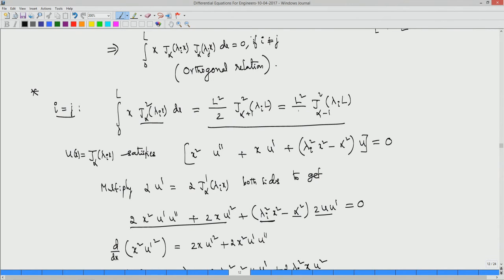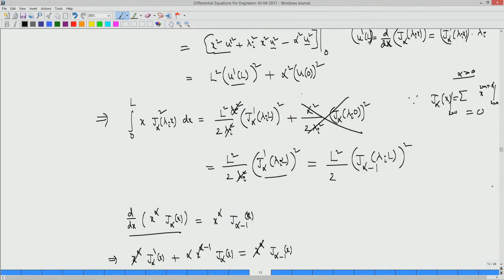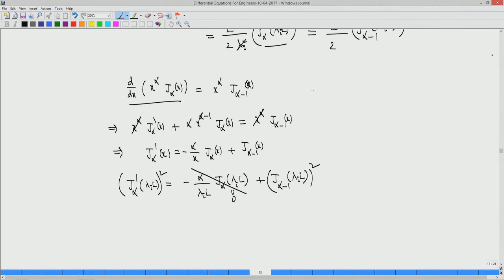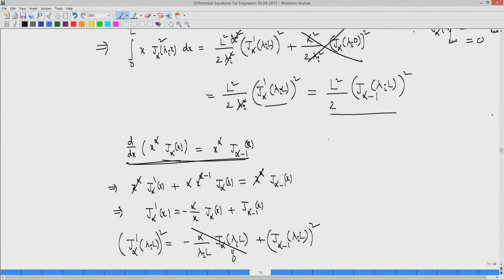Similarly, if you use the other recurrence relation, the other property, if I use this property, you get this result. Okay. If I use the other result, that is d dx of x power minus alpha j alpha of x, which is given as x power minus alpha times j alpha plus 1 of x, I get the other result, which is L square by 2 j alpha plus 1 at lambda I L whole square.